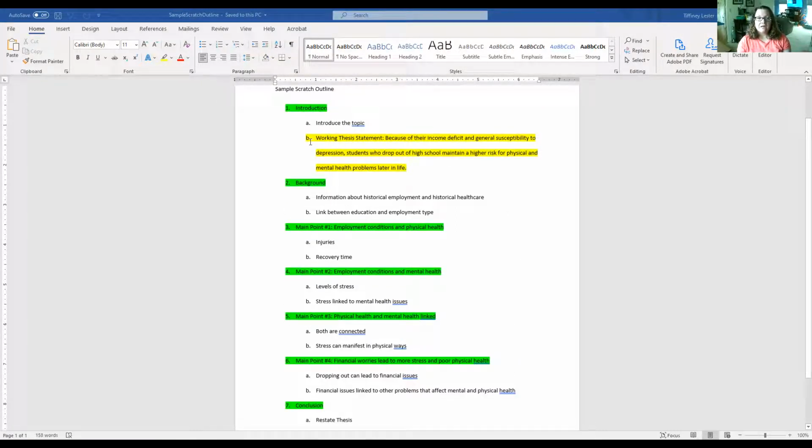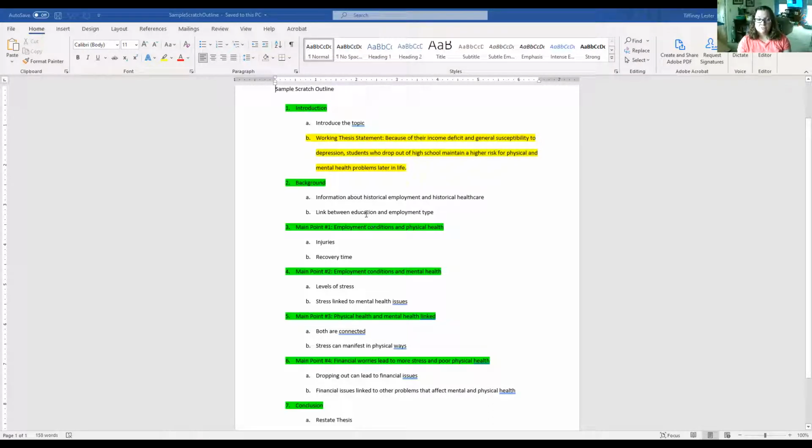So the scratch outline does not include a lot of super specific information. The working thesis statement is pretty specific. And we do have a pretty good idea of the skeleton of our essay. We know what the first section is going to be after the introduction, and we know basically what we want to include in that section.